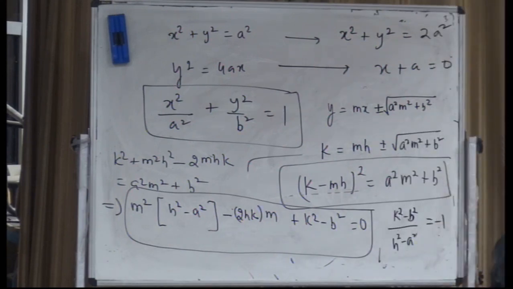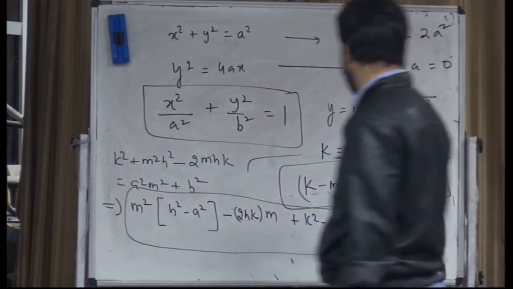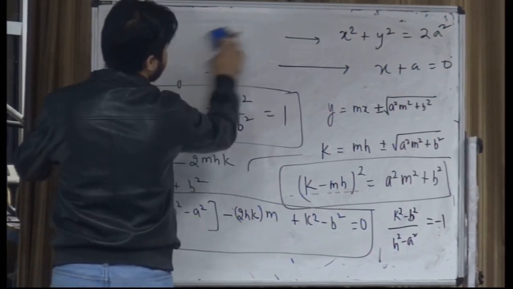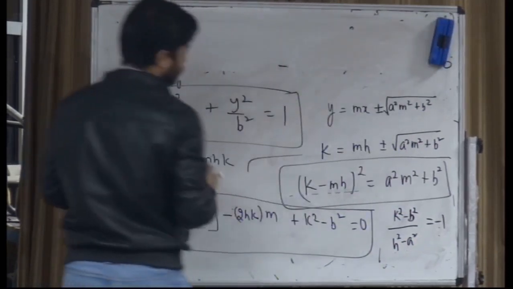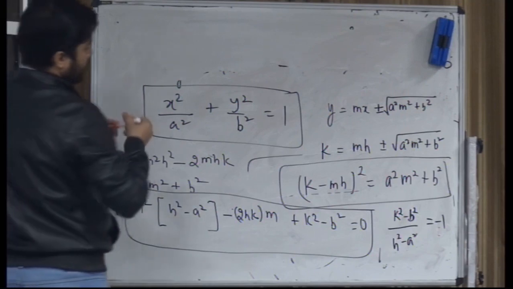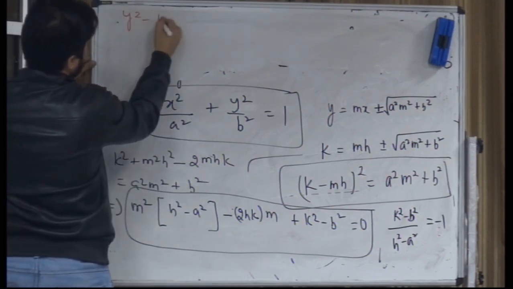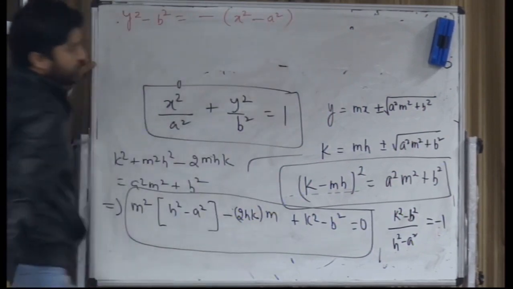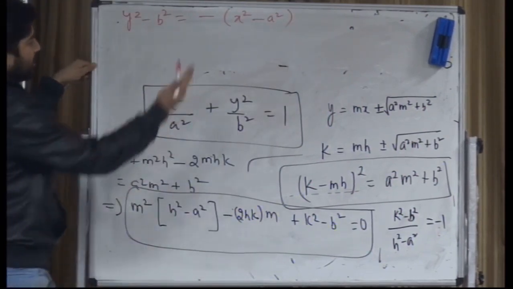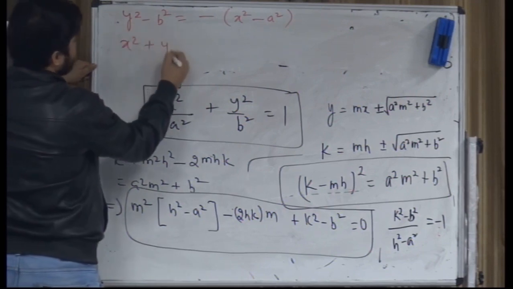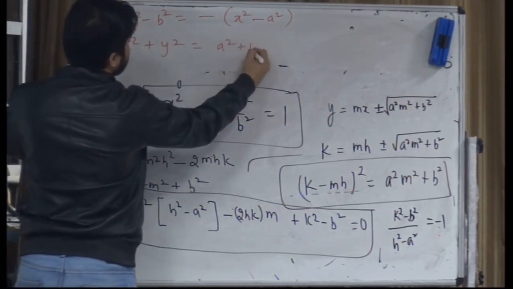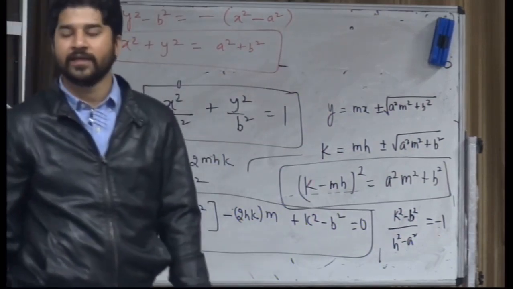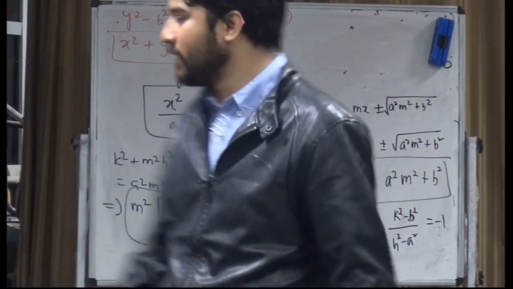I can replace k by y and h by x. So rearranging it, what will I get? y square minus b square is equal to minus x square plus a square. If I replace it this way, this will become x square plus y square is equal to a square plus b square, this is going to be your director circle.